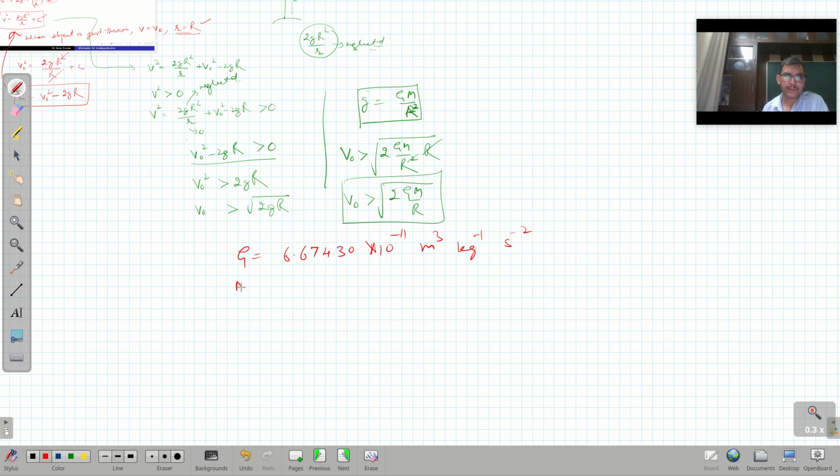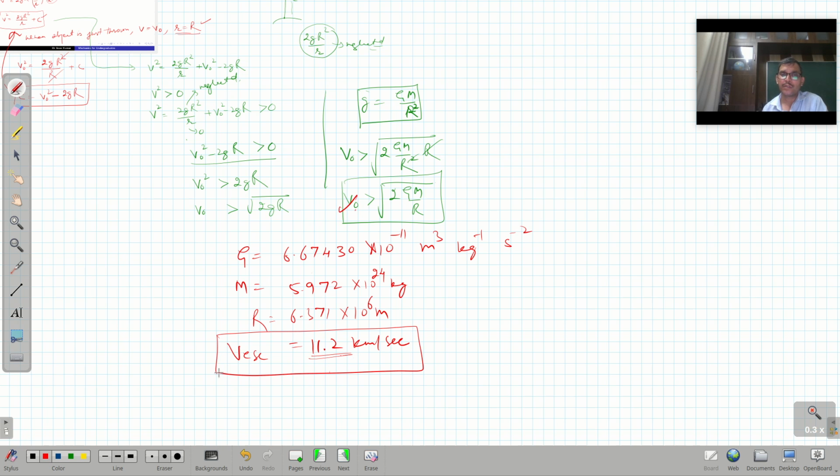And capital M is the mass of earth, and it is 5.972 into 10 raised to power 24 kg, and capital R is the radius of earth, and it is 6.371 into 10 raised to power 6 meter. Then the escape velocity must be equal to 11.2 kilometer per second. Means v naught must always be greater than or equal to this value. That's what we can estimate.